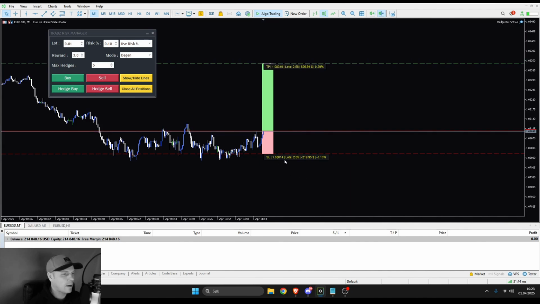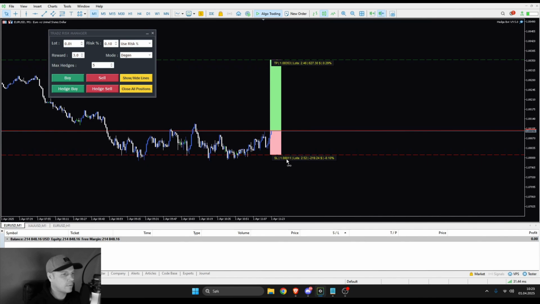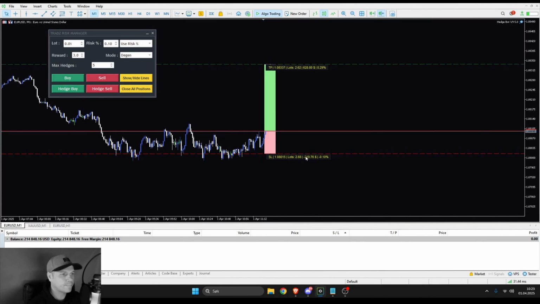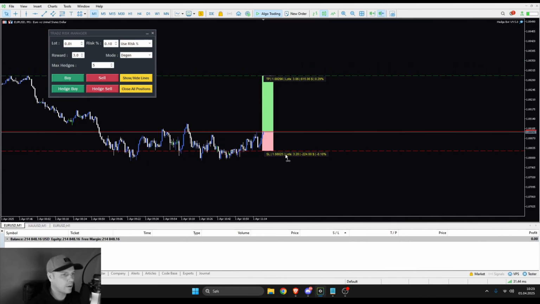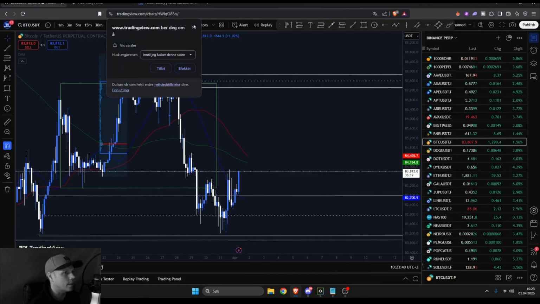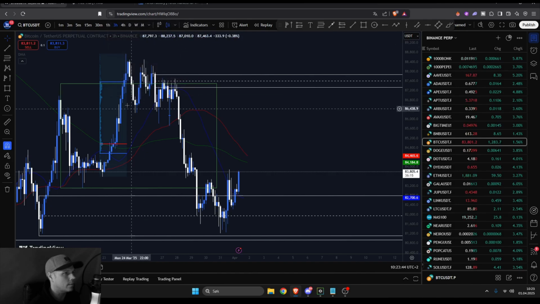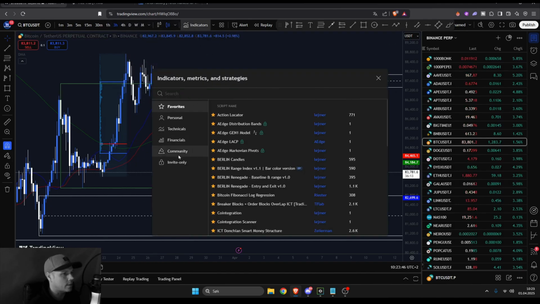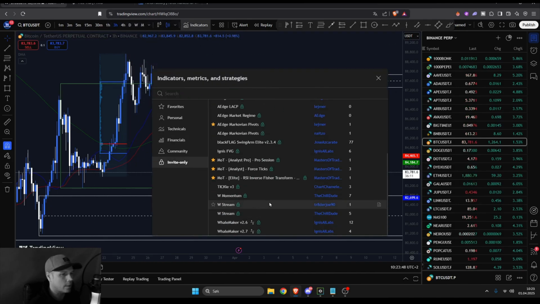Also, let's say you want to have something that can give you signals to push the buy or a hedge buy or hedge sell in here, right? You could potentially use the V-stream indicator we have. Let me just add the V-stream indicator in here so you can see that.